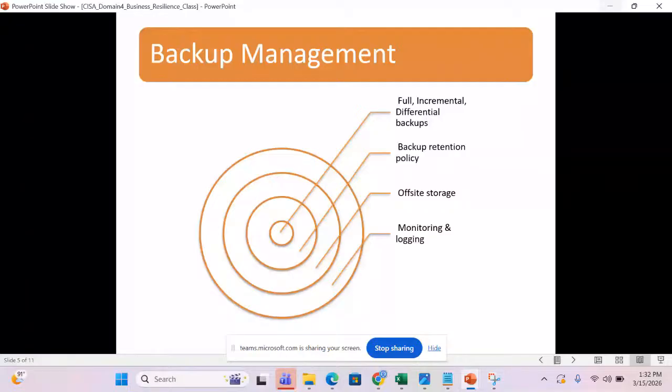When we say a full backup, what does it mean? According to ICANN, this backup stream copies all files and folders to the backup media, creating one backup set with one or more media, depending on media capacity.